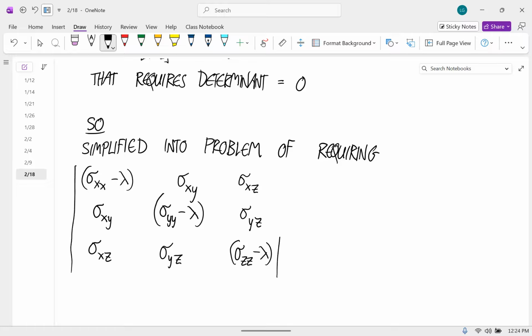That's what this means with the absolute value bars, the determinant.